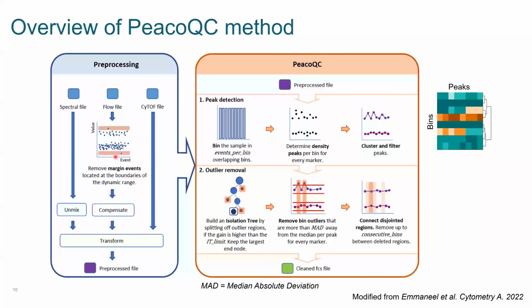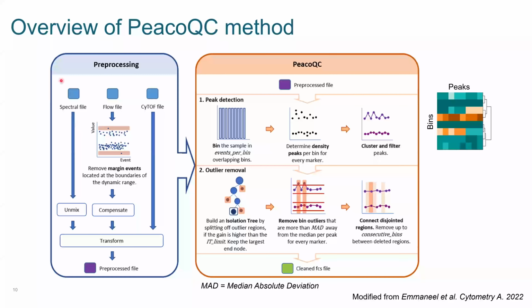And so after removing those margin events, we of course want to make sure the data is compensated. And I'll bring this up again later, but this is actually a unique aspect of the cleanup tool compared to the others on the FlowJo Exchange, right? Those typically take uncompensated raw parameters. In this case, we're going to feed in compensated parameters, right? And that just feeds into how the tool works on the next panel. Okay. So we'll remove margin events, compensate, transform, again, a pre-processed file that's going to go downstream.